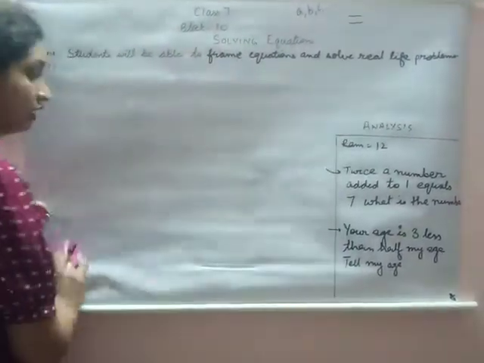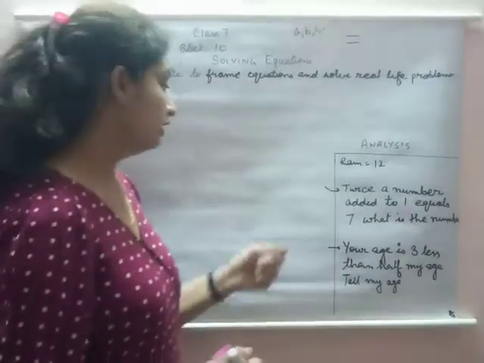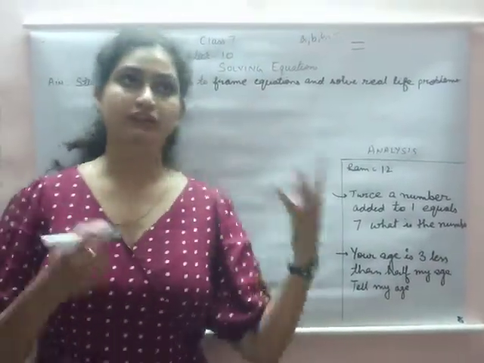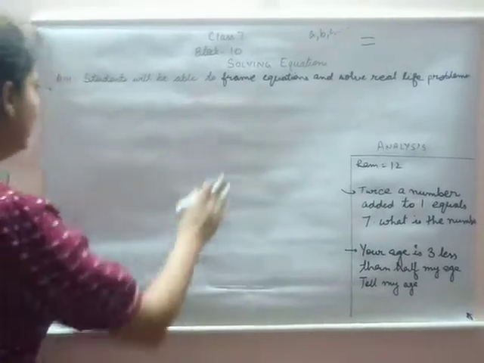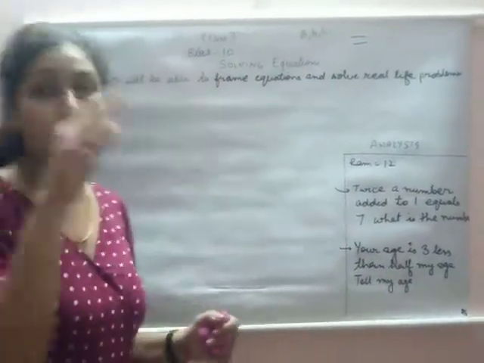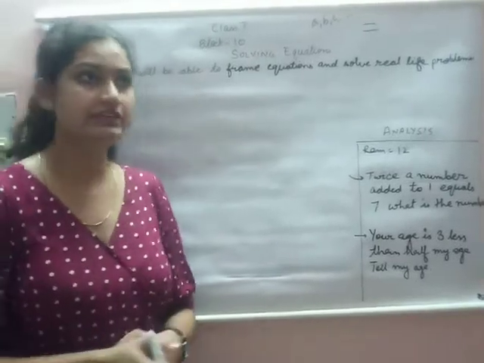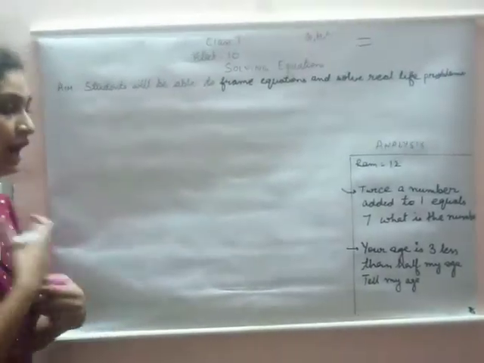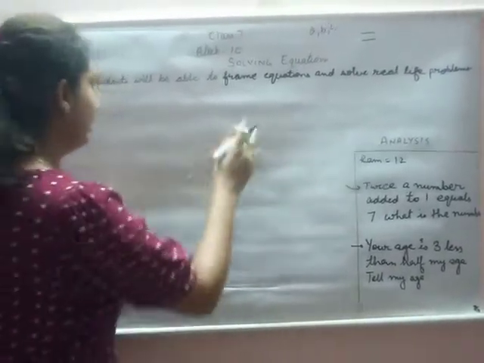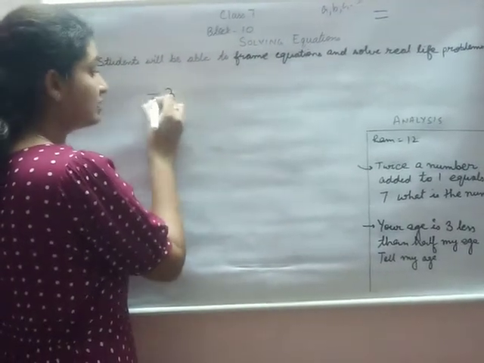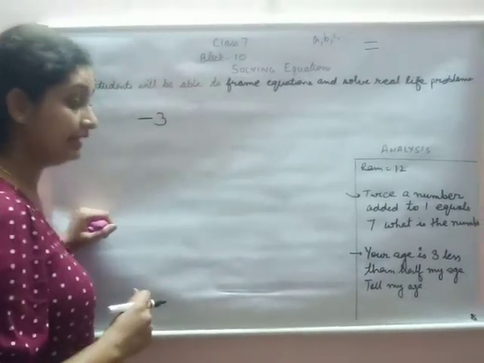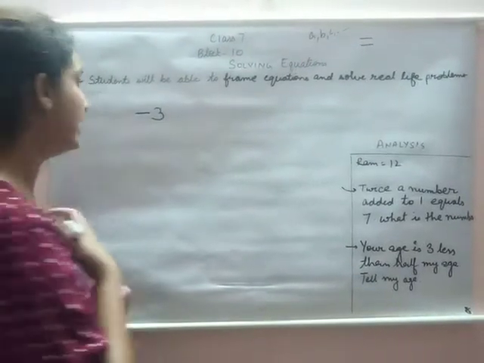Now, if I say that your age is 3 less than half of my age. If your age is 3 less, it means we have to subtract 3. 3 less than half of my age.